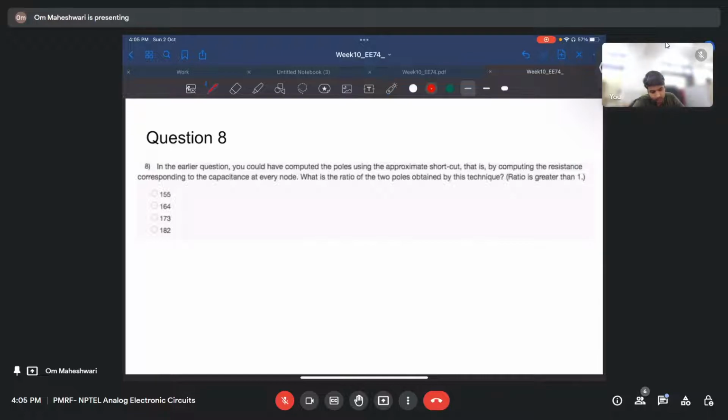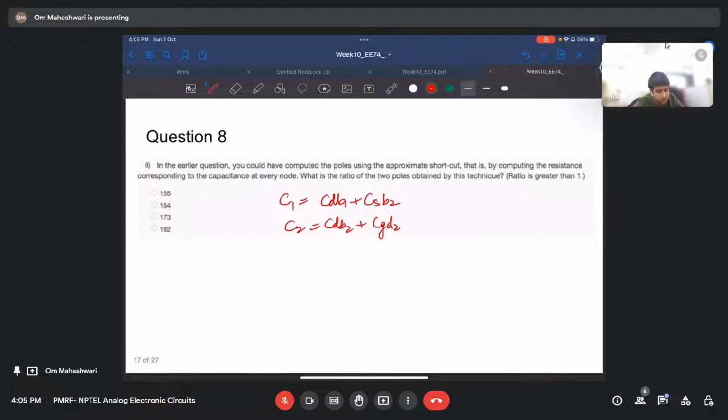Again, here C1 equals CDB1 plus, sorry, CSB2. C2 is equal to CDB2 plus CGD2 plus CSB2 plus GS2. Okay, yeah.